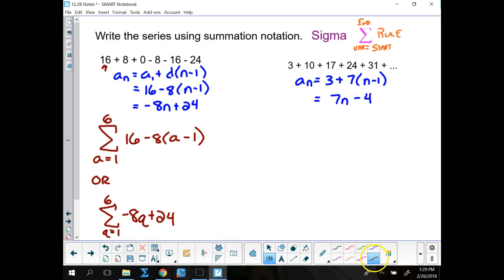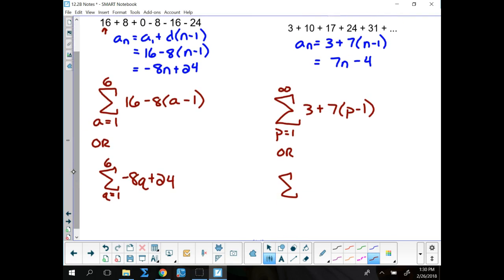So my two sigmas would be, I'm going to go with P equals 1 to infinity of 3 plus 7 times the quantity P minus 1, or we'll go K. Oh, gotta go down a little bit. K equals 1 to infinity of 7K minus 4. Yes?